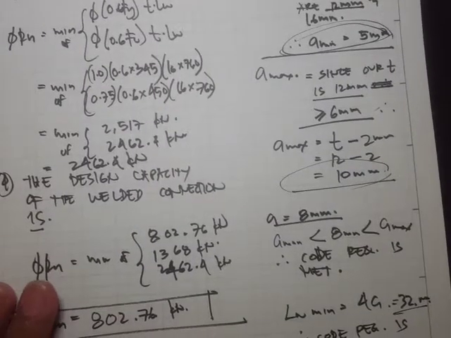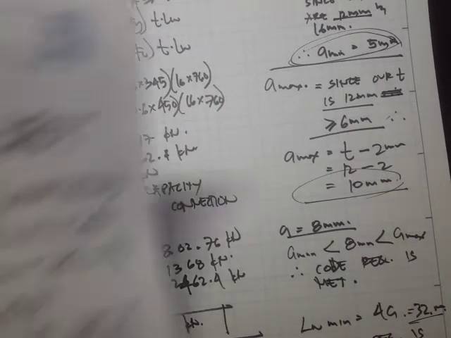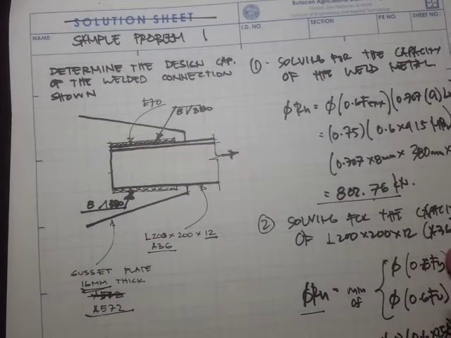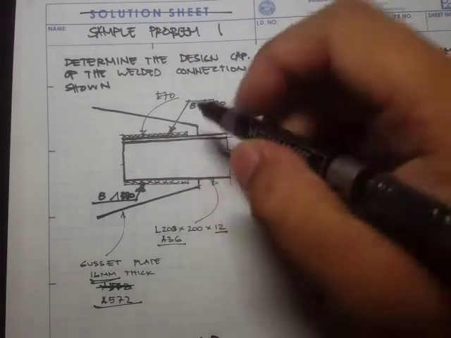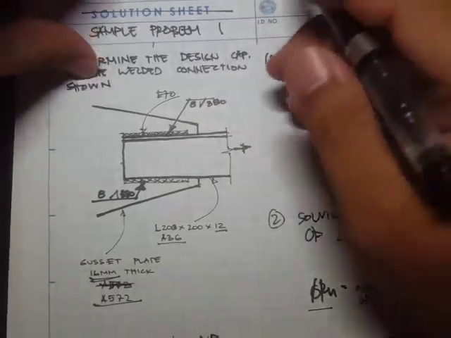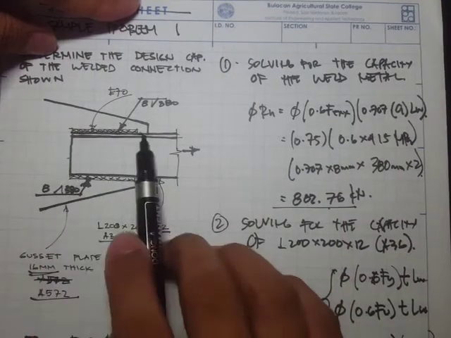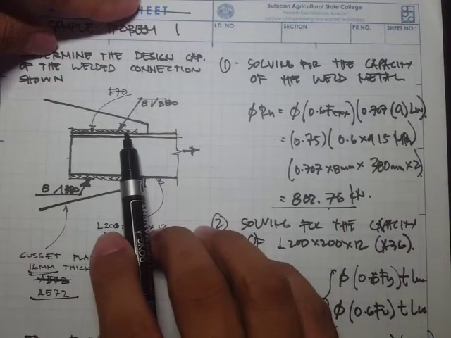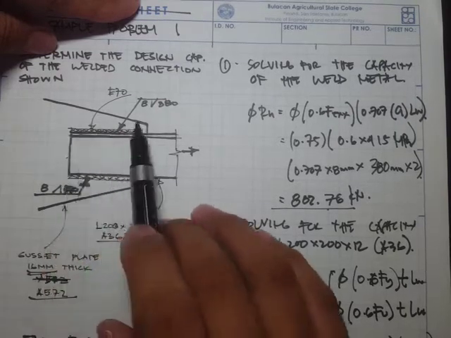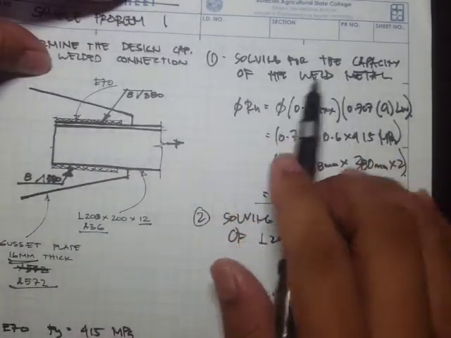Okay, so let's have a review on what we did in our problem. The computation for the analysis type of problem for this welded connection is just straightforward. So first we solve for the capacity of the weld metal, because our limit state is that this welded connection or welded joint can fail in the weld metal or in the base metal.